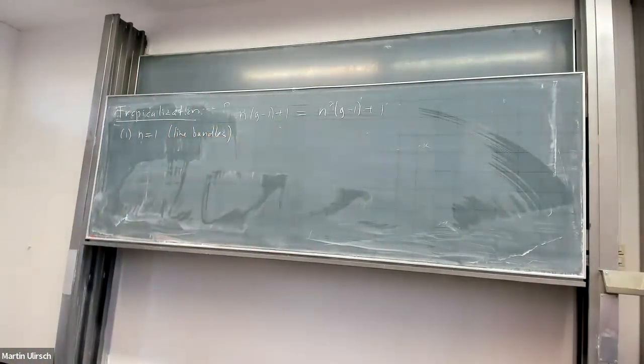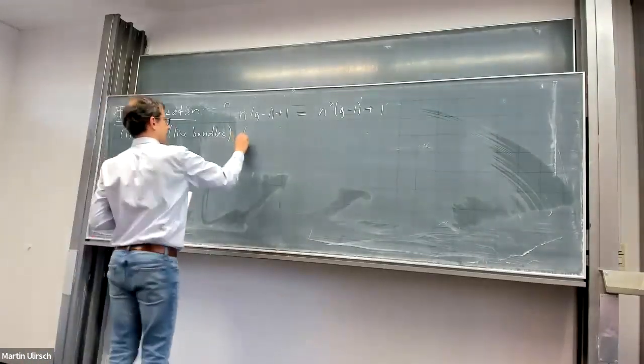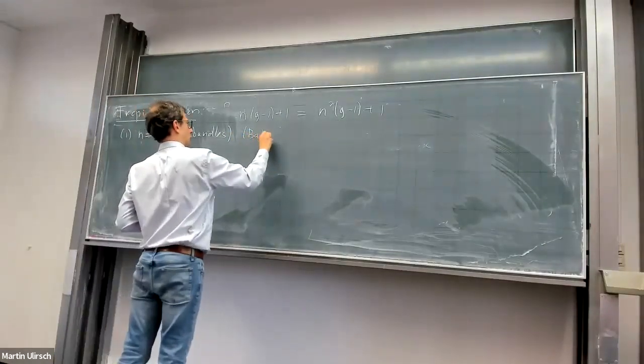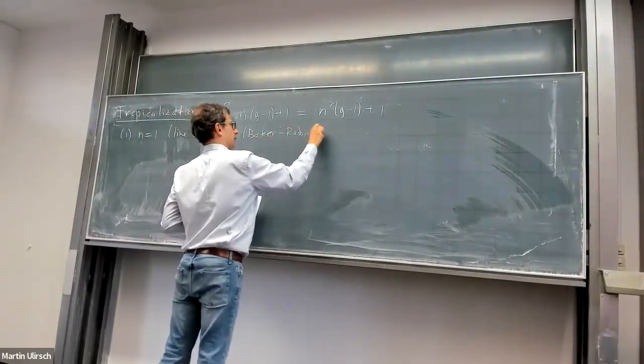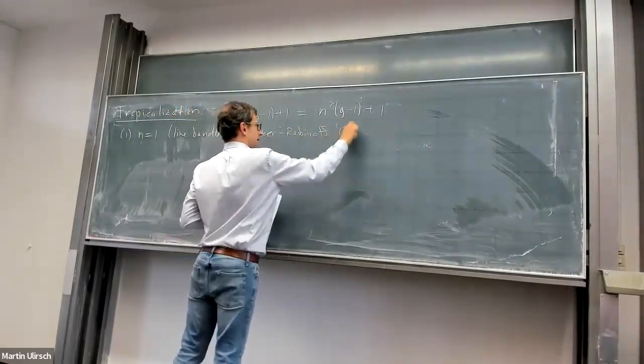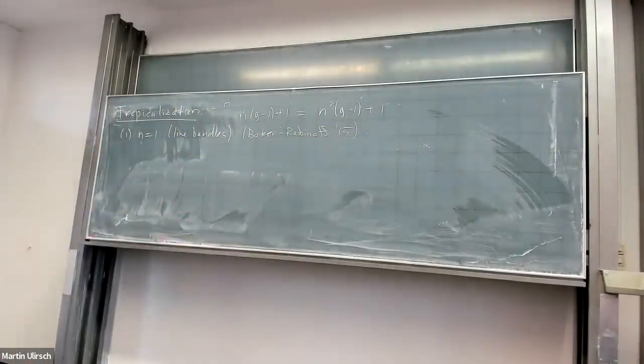Well, so this happens in one of two cases. Case number one is n equals 1. So this is the case of line bundles. And the tropicalization of line bundles, this is a paper of Baker and Rabinoff from 15, which is kind of that tropical line bundles tropicalize as nicely as you want.